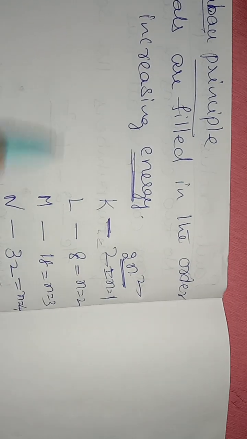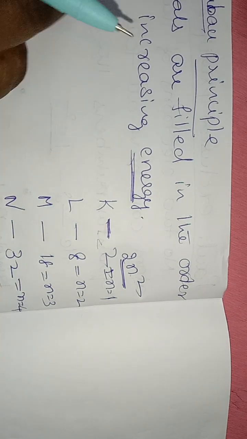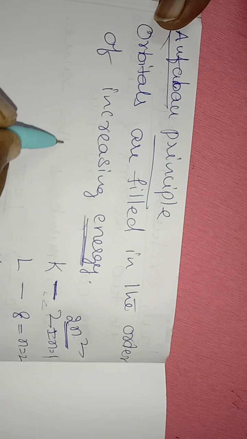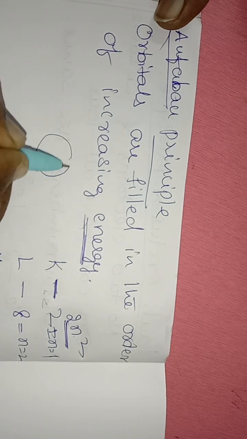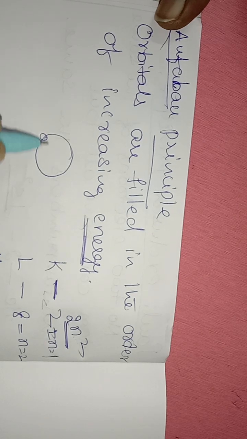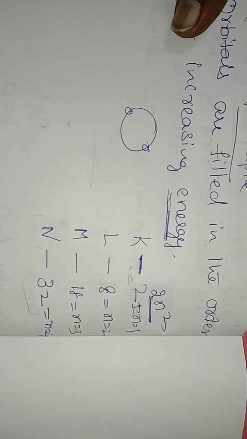Here we have subshells also. Suppose you take the first main shell, K shell, only 2 electrons are there. They revolve around the nucleus in the shape of a sphere, right?